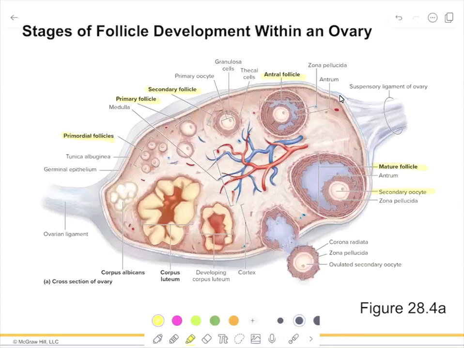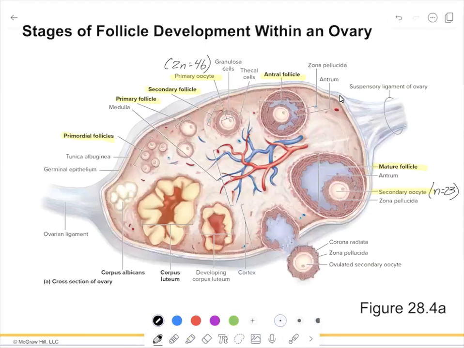The follicles at the top of the ovary all contain a primary oocyte, and the primary oocyte is unique because it is still what we refer to as diploid. And this means that it has a full complement of chromosomes, which is 46. It's only after the first part of oogenesis where the secondary oocyte is haploid.